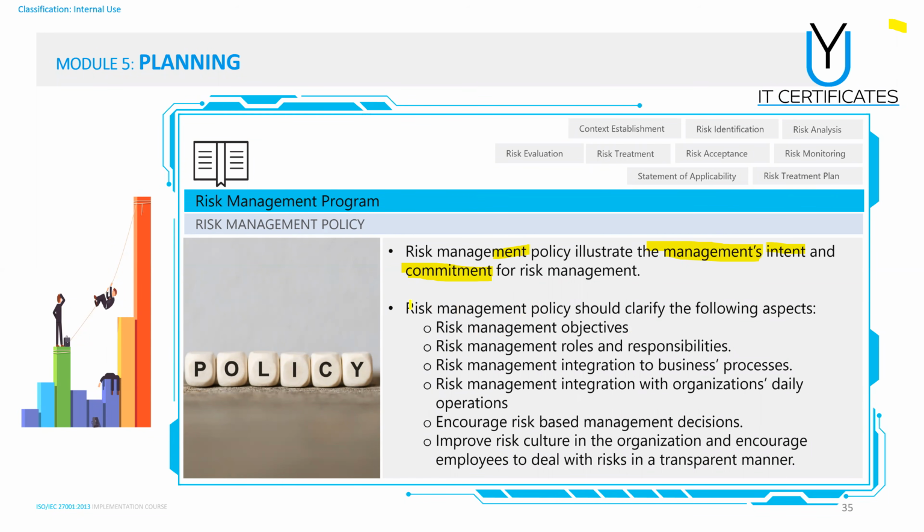Then what do we have to include in the risk management policy? We have to include the objectives. I think we covered the objectives in the previous slides. Roles and responsibilities regarding risk management and the integration of risk management with business processes and daily operations, and to encourage risk-based management decisions and improve the risk culture in the organization.